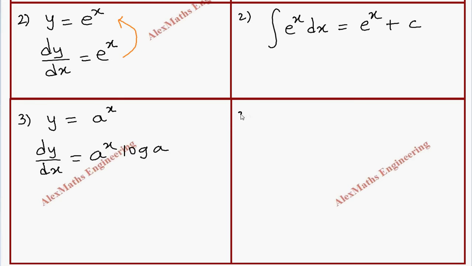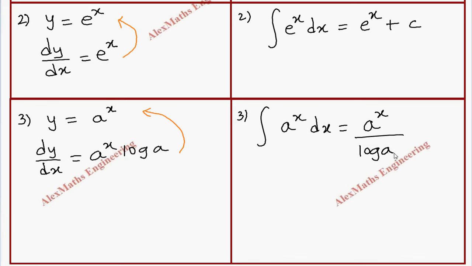And if we want the integration of a power x dx, then we are going to take the reverse of this. So the integration of a power x log a is a power x. So we are going to write a power x here, but we don't have the constant log a here. So it will be written on the other side as a division. So divided by log a, then plus c.